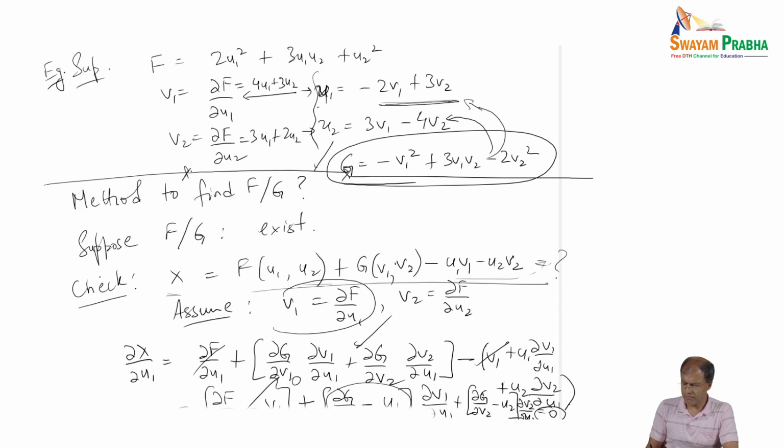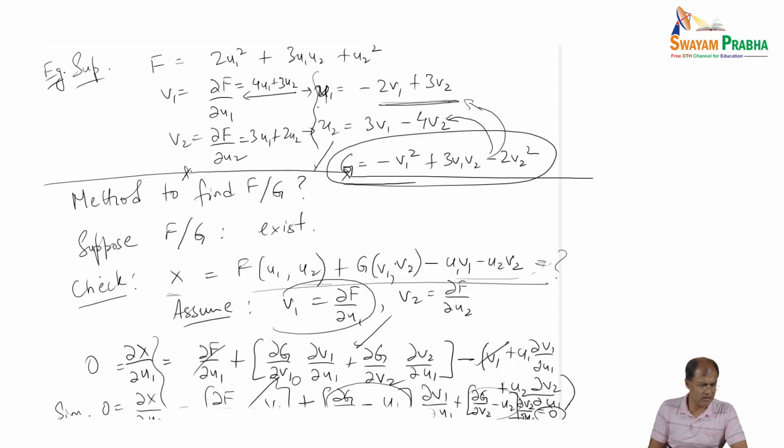It is easier to assume that partial g partial v1 is equal to u1. That is something we can assume, right? And so from here we can see that partial x with respect to u1 is 0. Similarly, we can find that partial x with respect to u2 is 0, right?